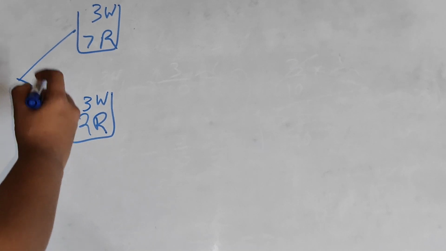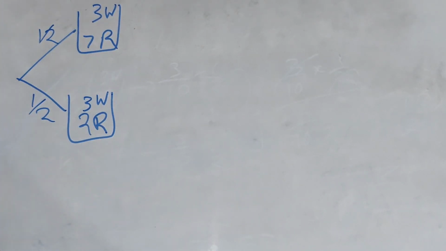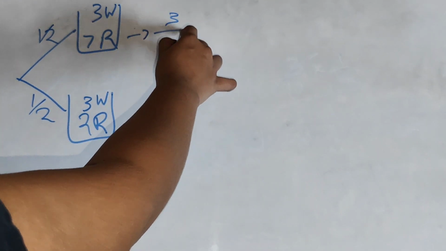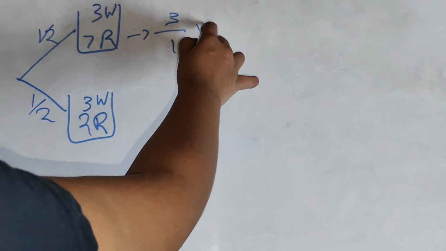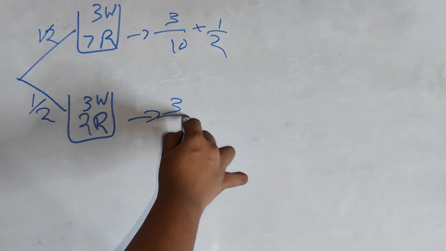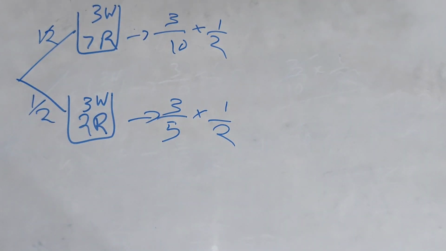As I've discussed before, the probability of choosing bag 1 is 1 by 2. The probability of choosing bag 2 is 1 by 2. The probability of choosing a white ball from bag A is 3 by 10 multiplied by 1 by 2. And from here it's 3 by 5 multiplied by 1 by 2.